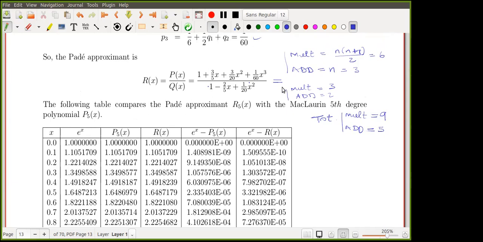But recall that for a polynomial, we can reduce it using the nested form to n additions and n multiplications.